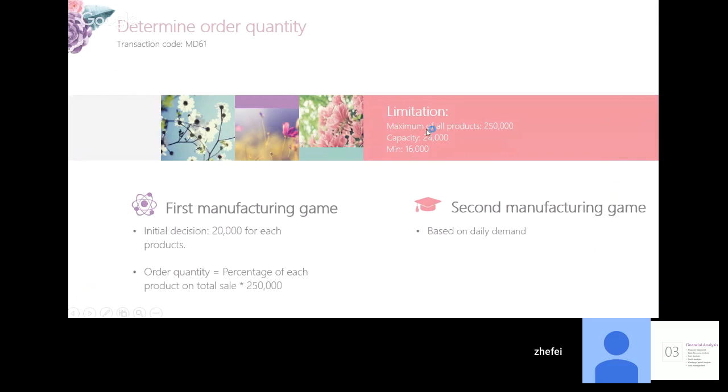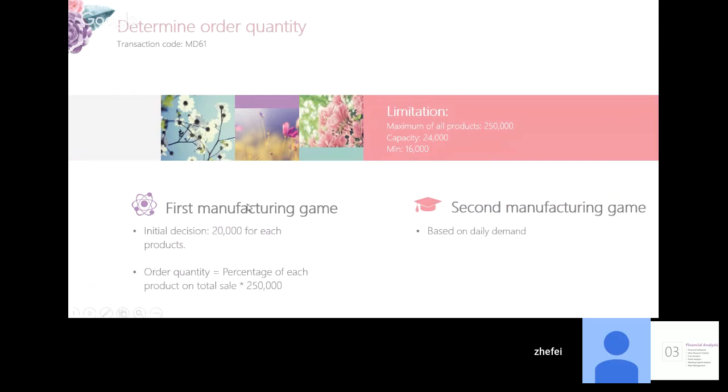Due to the limitation of the storage capacity and the production capacities, the total amount for all products is 250,000, and the maximum of each product is 24,000.